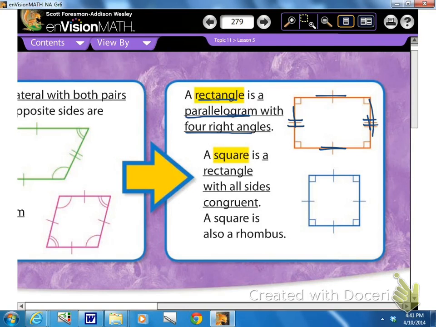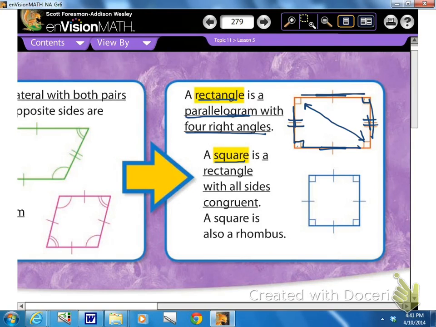This side is as long as the opposite side, and this side and its opposite side are congruent. Opposite angles are congruent also because they're 90-degree angles. It has four right angles. Actually, all angles are congruent because they're all right angles, or 90-degree angles.